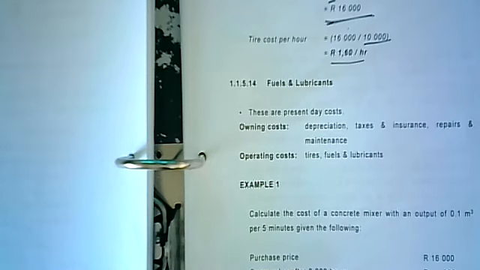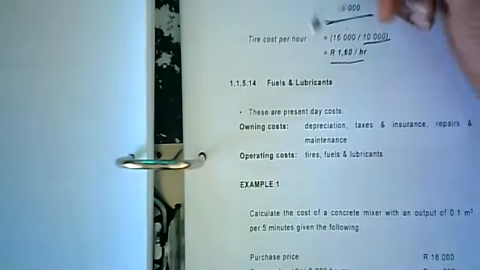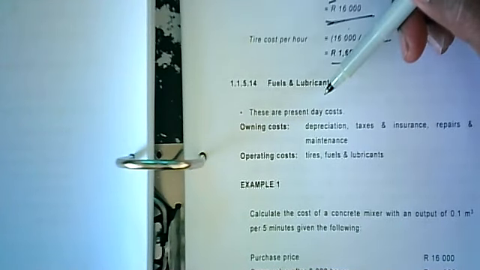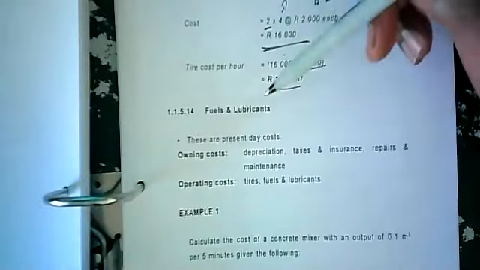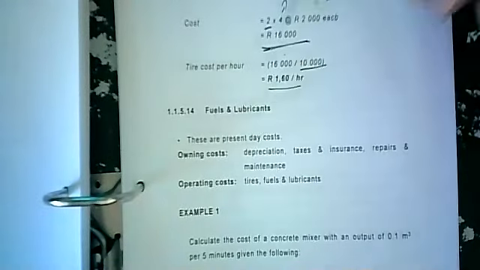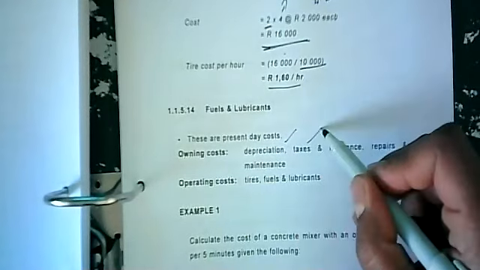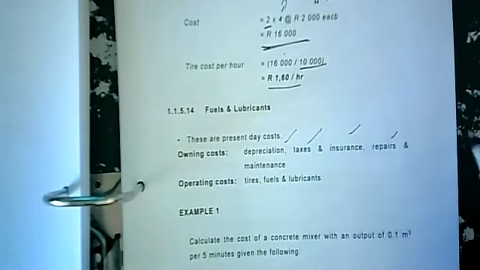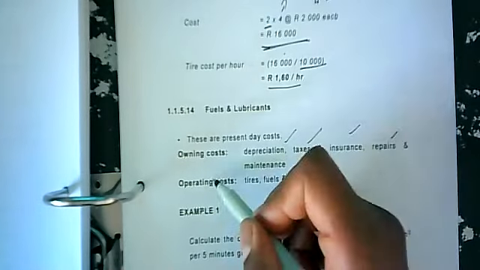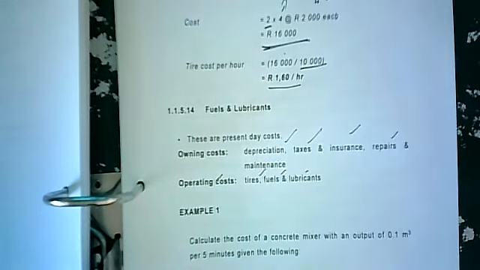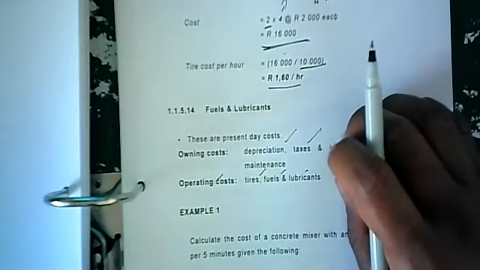Right, now let's look at fuels and lubricants. These are present day costs. Owning cost is made up of depreciation, taxes, insurance, repairs, and maintenance. Operating costs are made up of tires, fuels, and lubricants. All right? Now, why am I saying this?